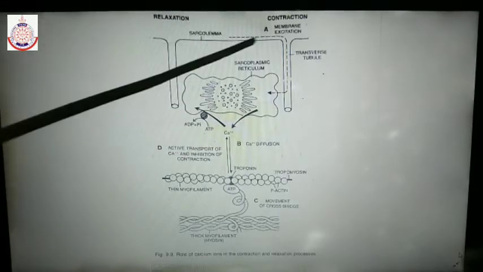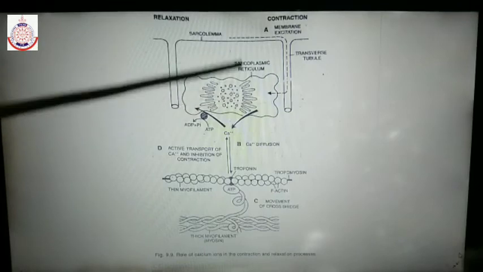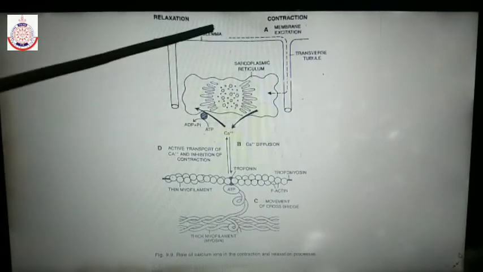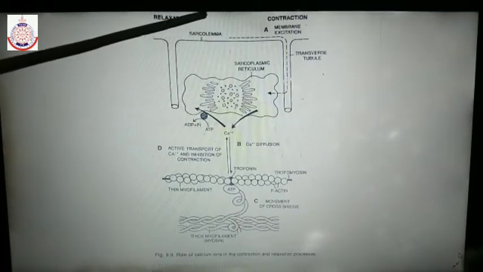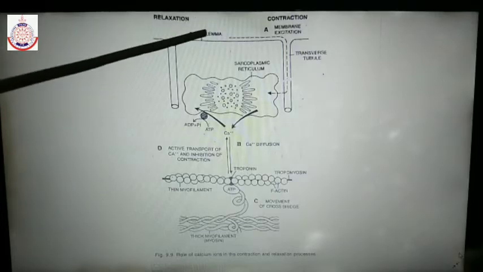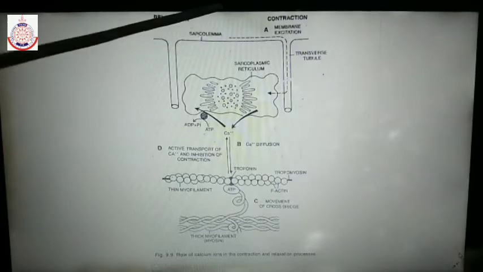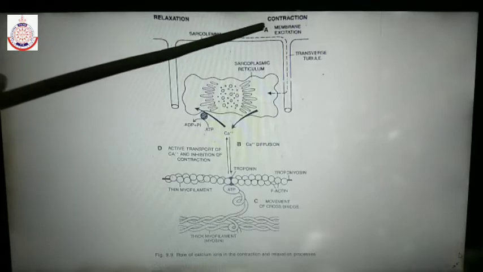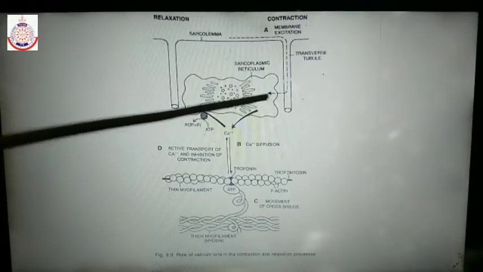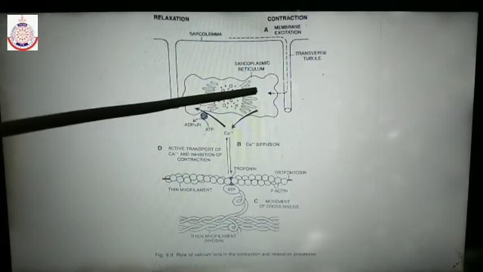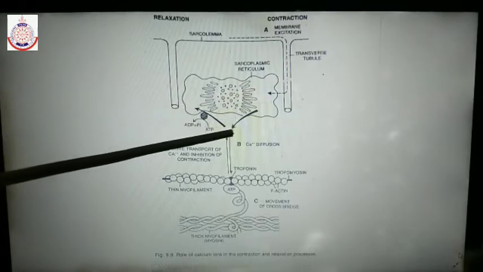And what causes the release of calcium ions into the sarcoplasm? That is the neurotransmitter acetylcholine, which has generated the action potential, and this action potential causes the sarcoplasmic reticulum to release calcium ions into the sarcoplasm.